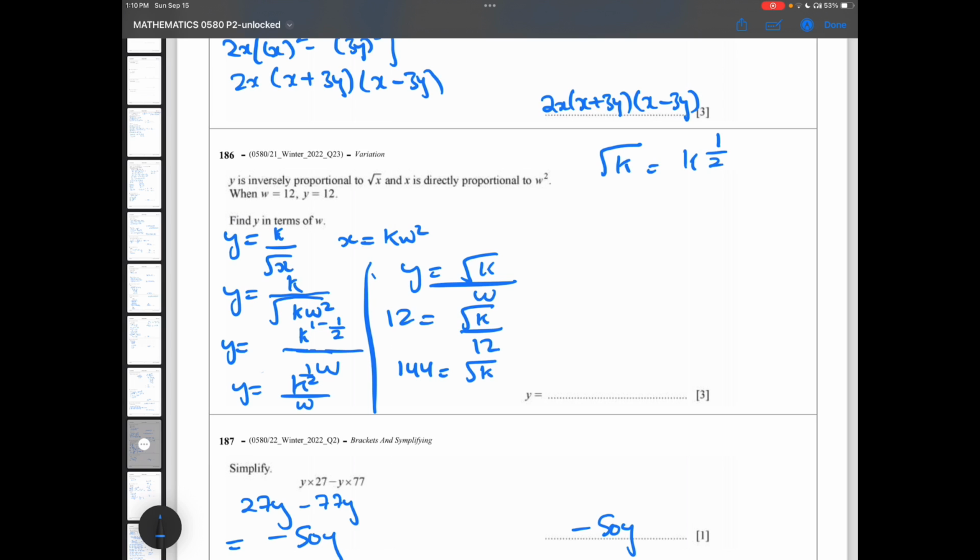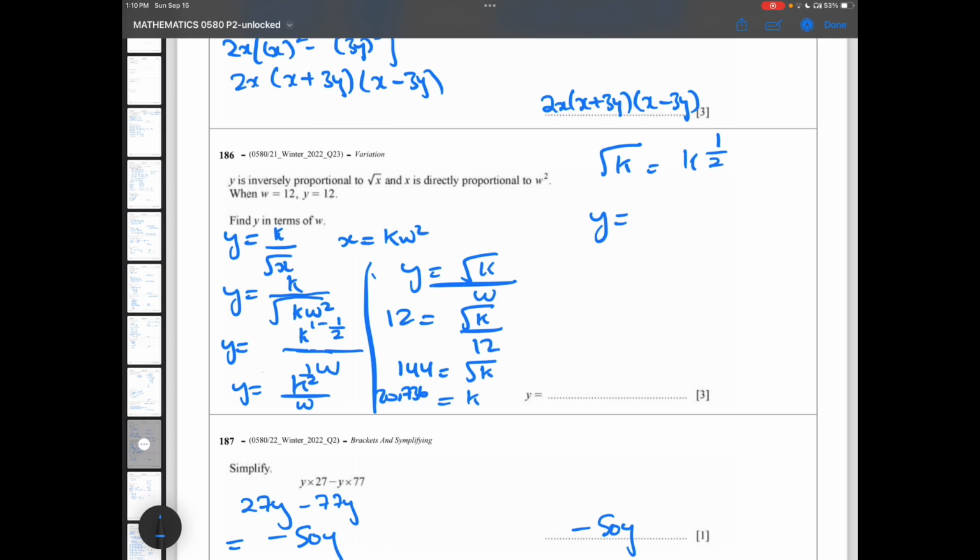In order to remove the square root, we have to take the square on each side, right? So while taking square on each side, we get the value of k, that is 20,736 for k.